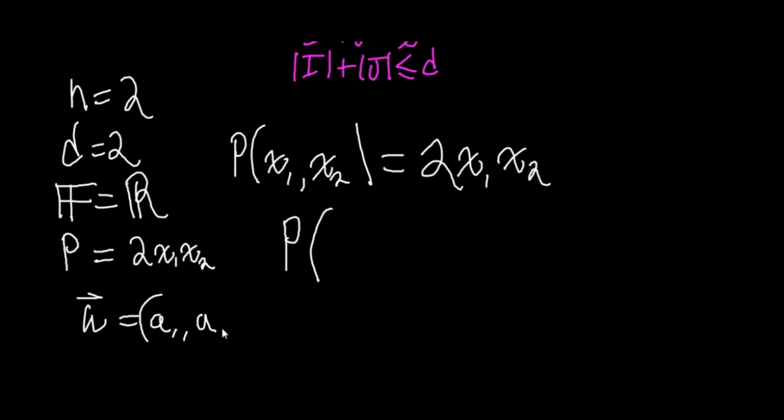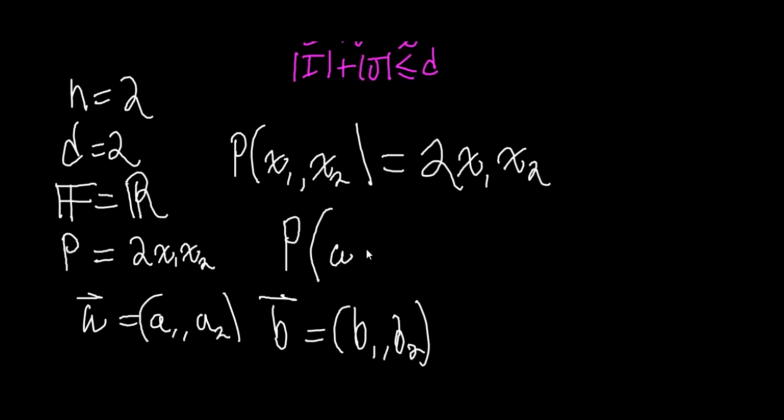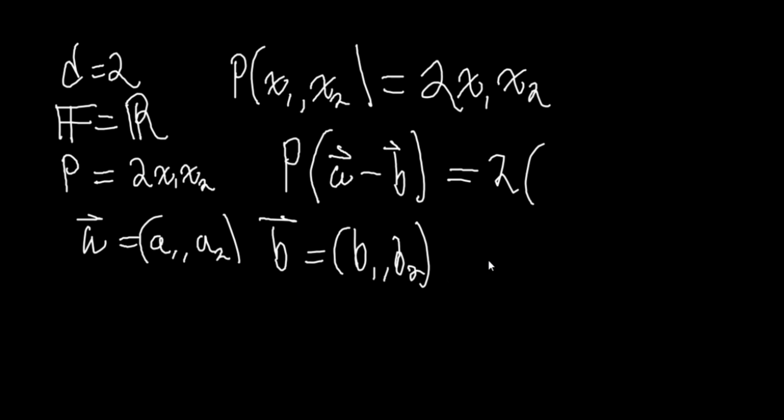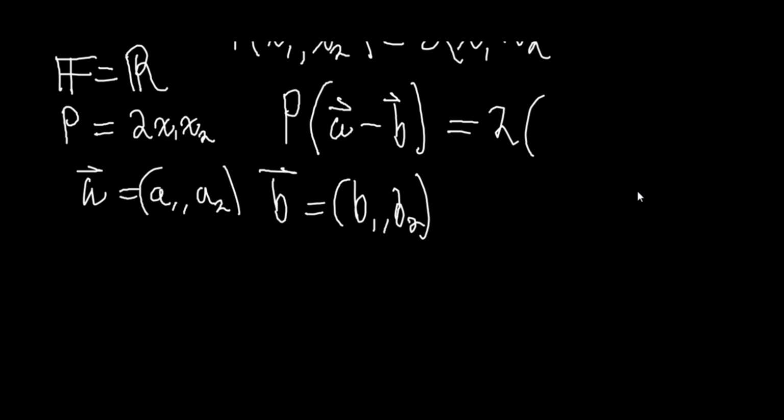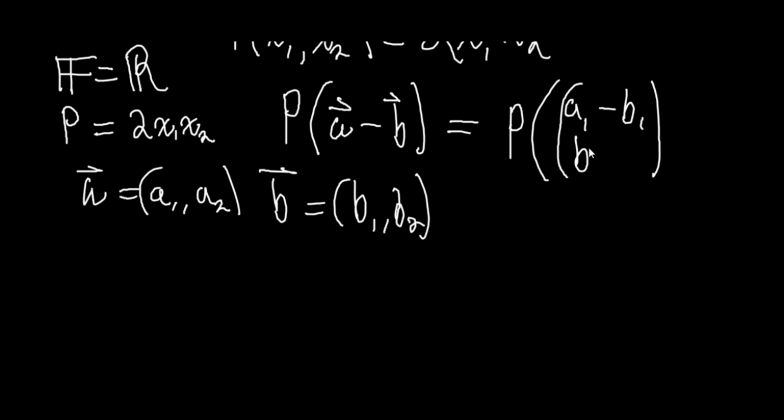If we evaluate this polynomial p at the difference between a and b, we evaluate it at the vector whose first component is a1 minus b1 and whose second component is a2 minus b2.